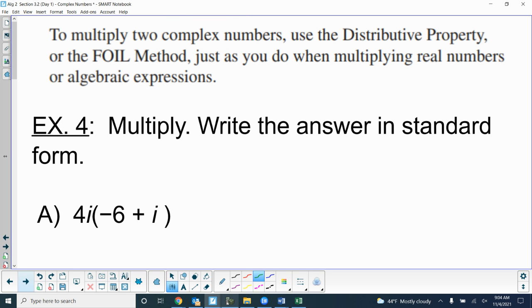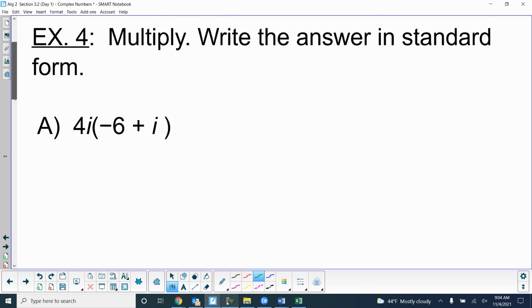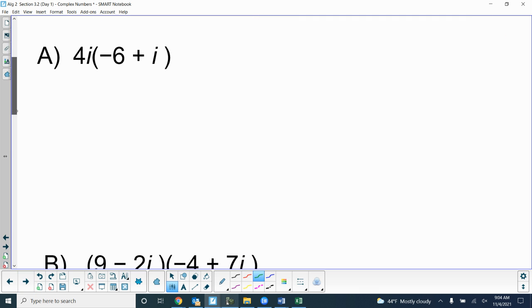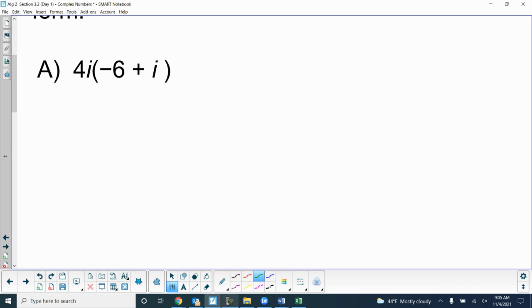All right. What do you think you do here, Tristan? Distribute. Yeah, you just distribute like you normally would. So what's it equal? Go ahead, Tristan. Okay. We get negative 20i.